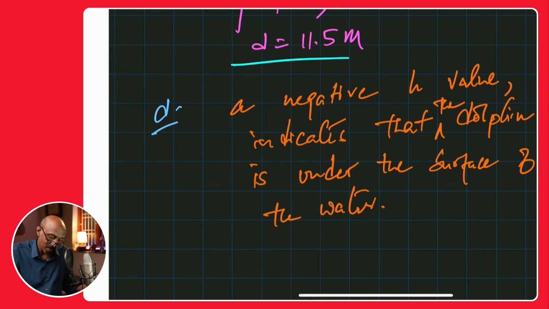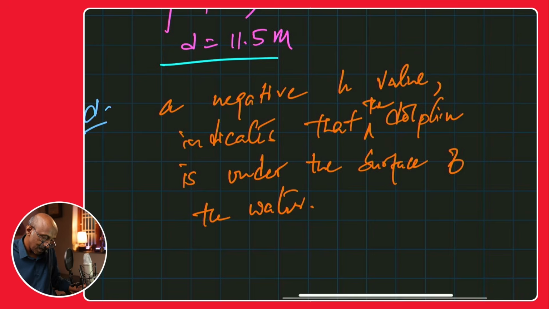Did I write this correctly? Just let me read it again. A negative H value indicates that the dolphin is under, or below, I can write that word down. It says below the surface of the water.